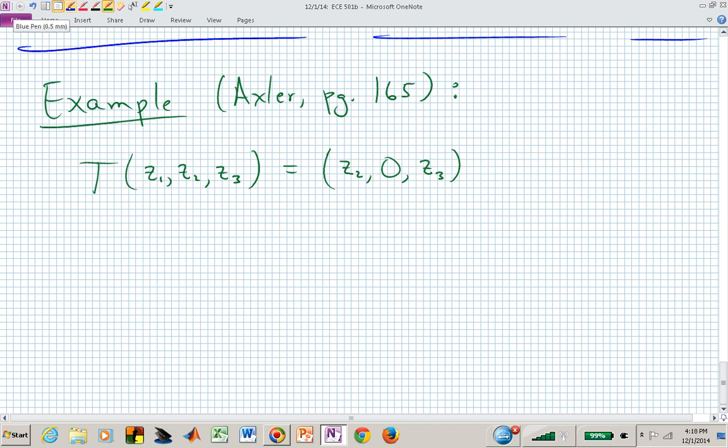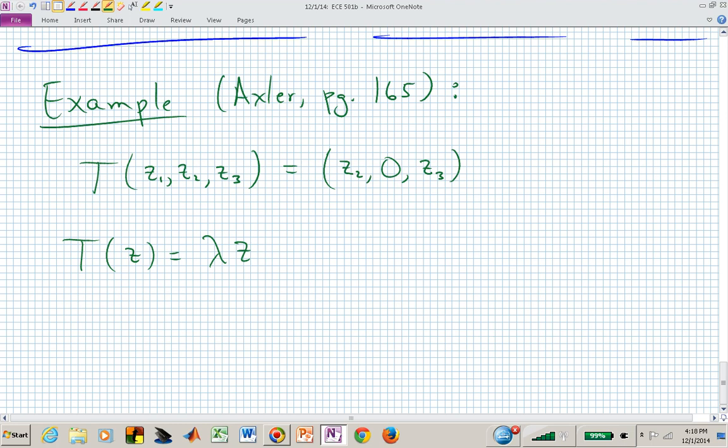Now, in terms of review for the final, what are the eigenvalues of that map? Well, the eigenvalues are such that T of z, which is this right-hand side, needs to be some scalar of the original vector z.